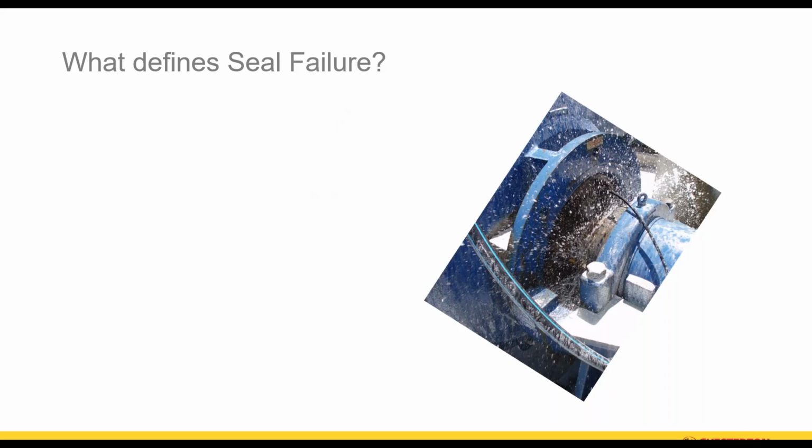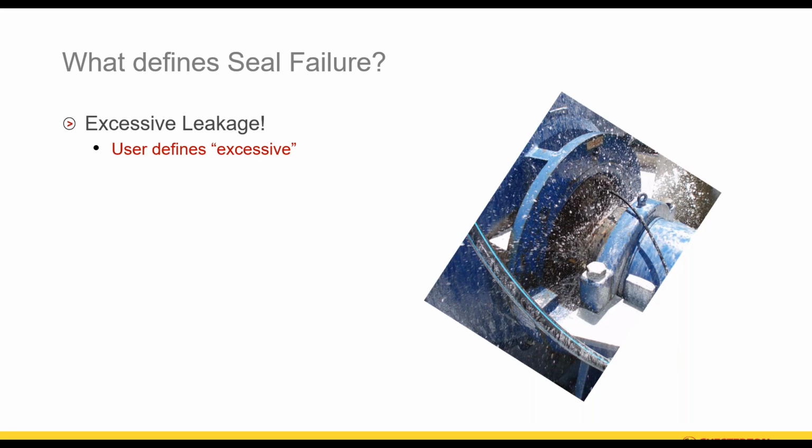So I want to ask the group a question, what defines seal failure? And I'm sure any of you that have been in the field for any length of time have seen this type of application before. And the reality is excessive leakage. Very simple, straightforward. If a seal's working well, you're not seeing a lot of excessive leakage. But what defines excessive?